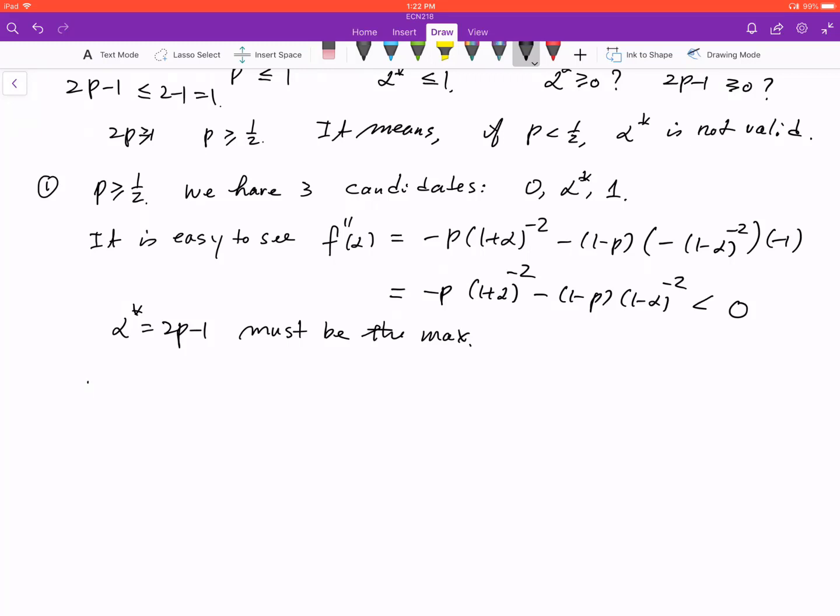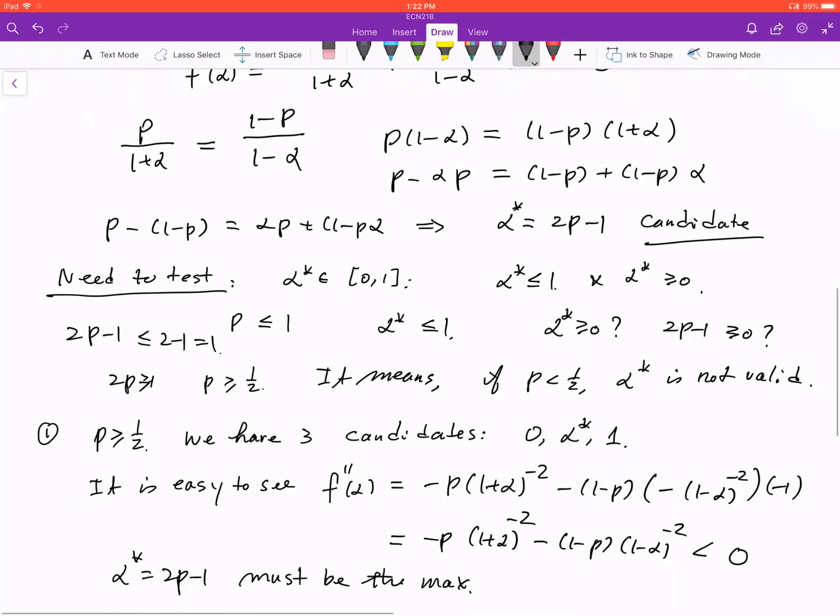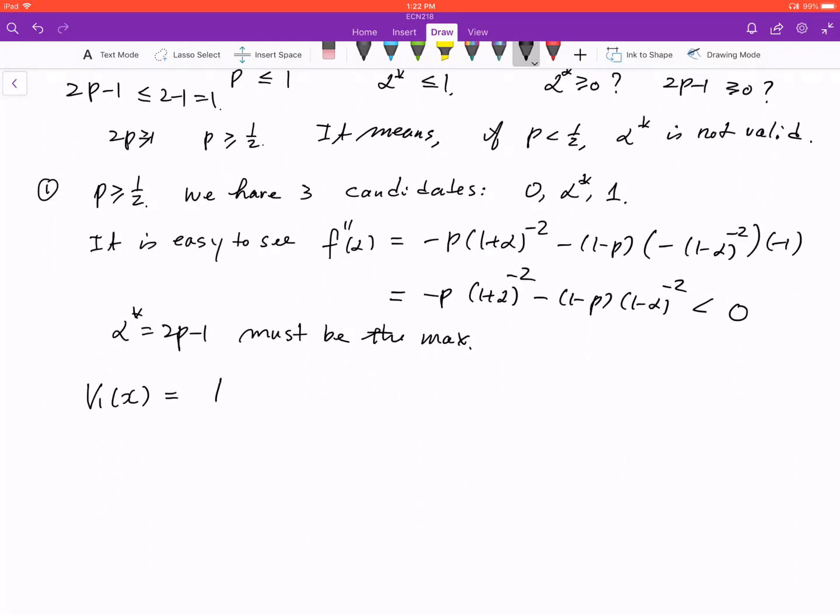So now let's try to find v1. So v1 of x is going to be, plug alpha star inside and look at the function we had before. So we have log x over here and plus p, and we have log (1 plus alpha), so 1 plus 2p minus 1, so this is 2p, and plus (1 minus p) and log (1 minus alpha), 1 minus (2p minus 1), but it's negative, so it becomes positive.